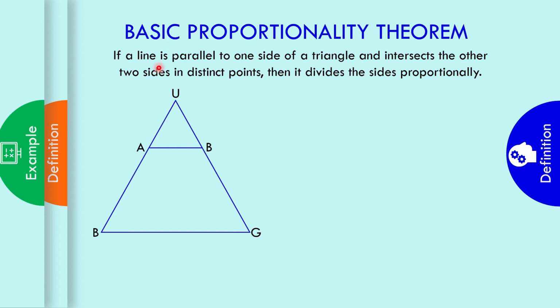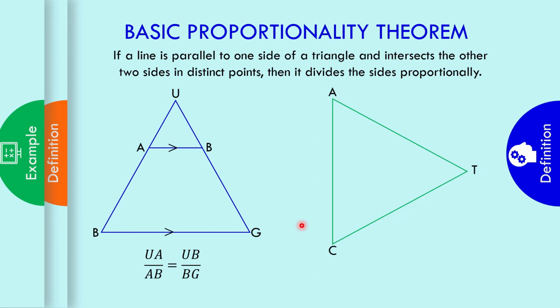Also part of this theorem, the line should be parallel to one side of our triangle. So it means AB is parallel to BG here. Then it divides the sides proportionally. So it means that AU over AB is equal to UB over BG. So this is the illustration of the basic proportionality theorem.